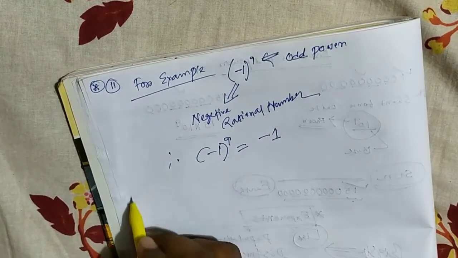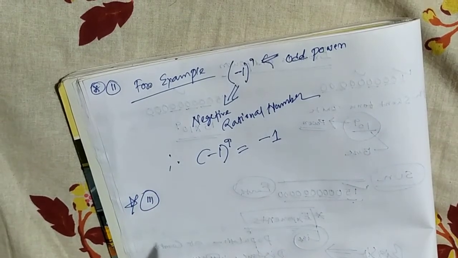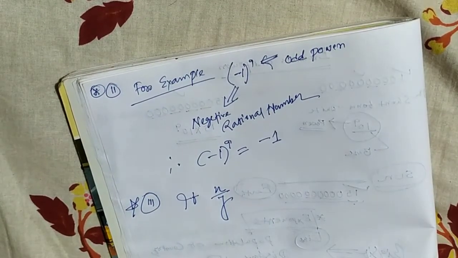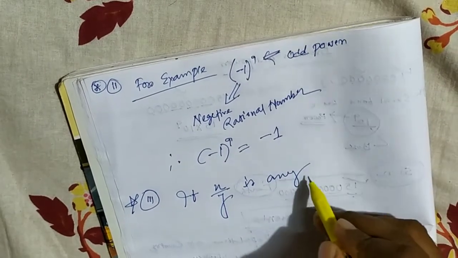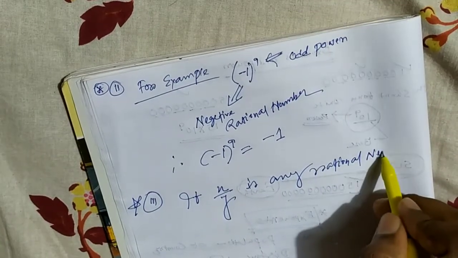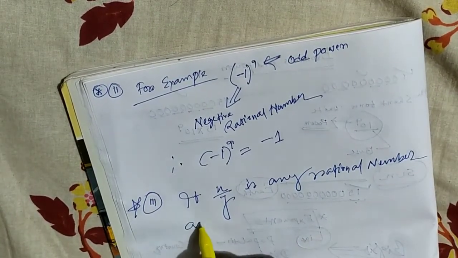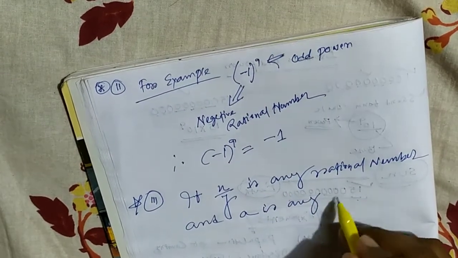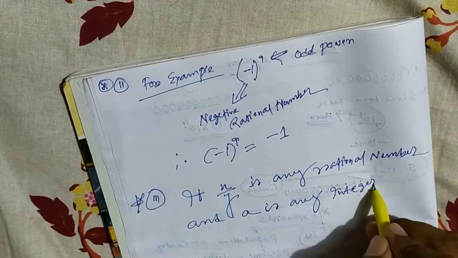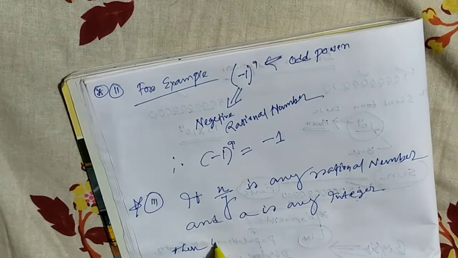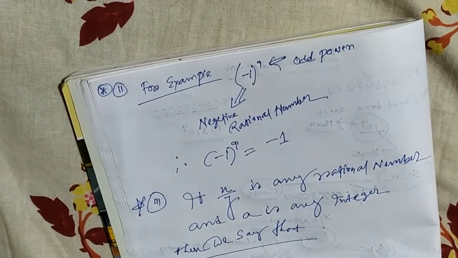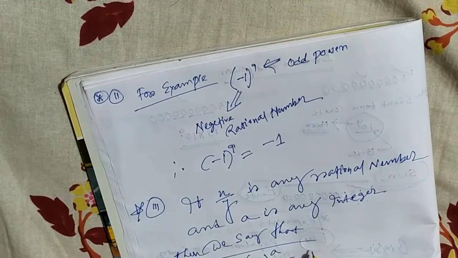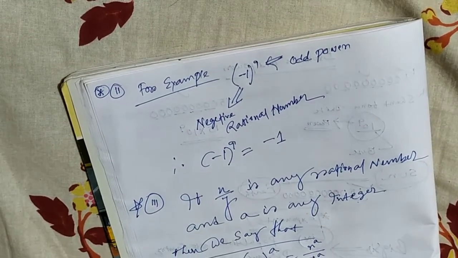And point number 3 says that if x by y is any rational number and a is any integer, then x by y whole to the power a is equal to x to the power a by y to the power a.